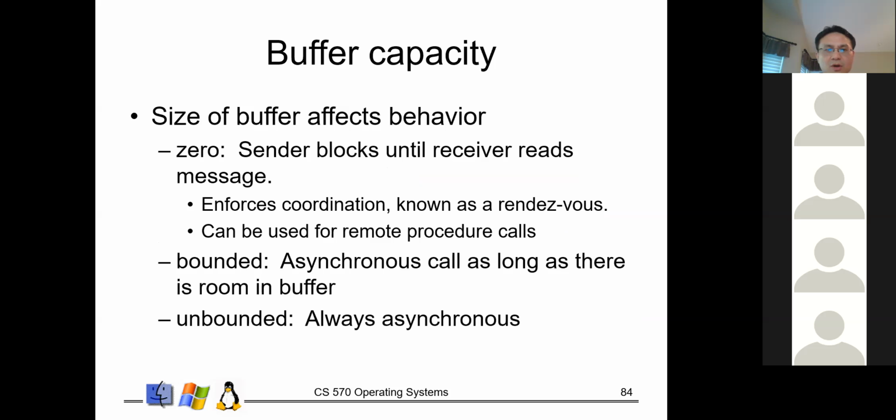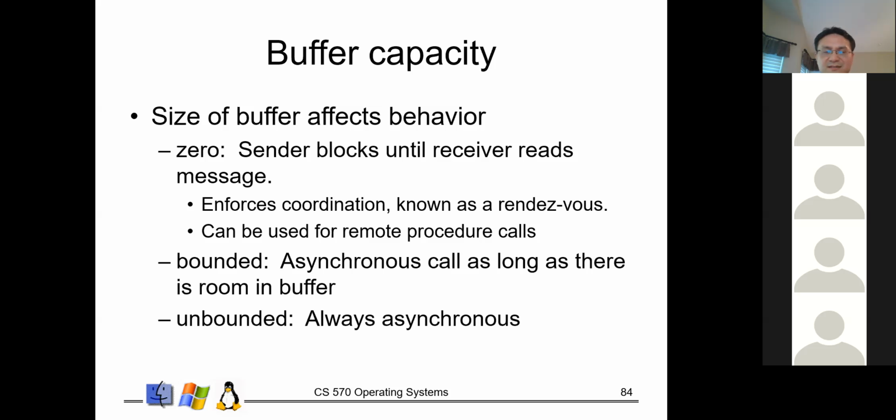One simple way is you keep that buffer empty. That means there is no buffer between the sender and the receiver. In that scenario, message passing or sending is a synchronous operation.